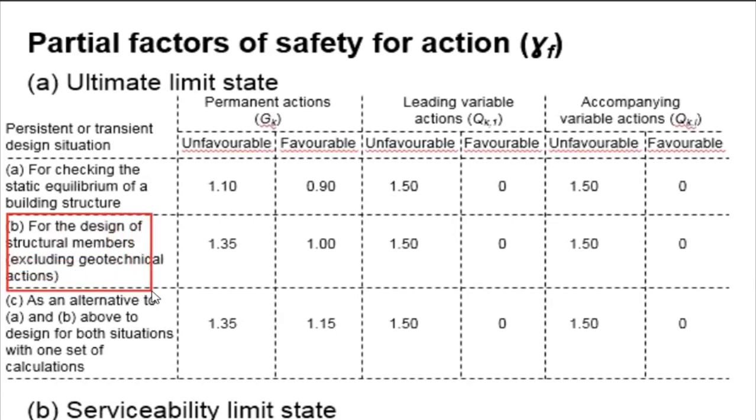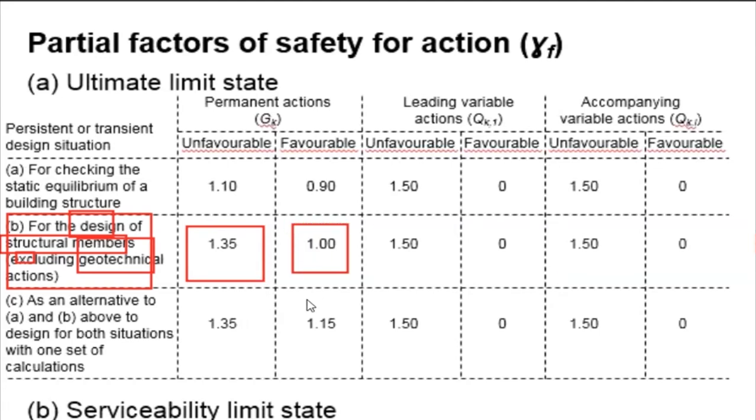Now the consideration here is under the designing of the structural member excluding the geotechnical actions. So under this circumstance, the partial safety factor is 1.35 under unfavorable and 1 for the favorable.